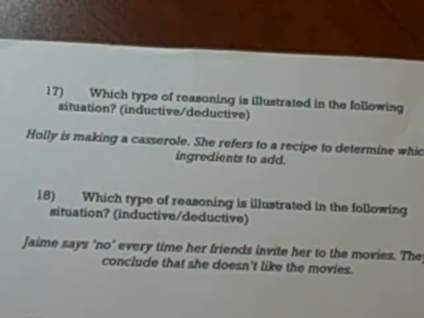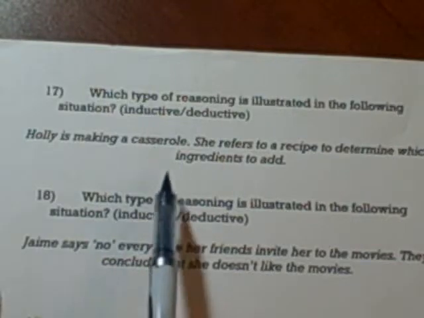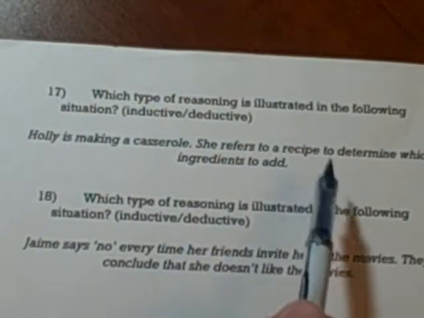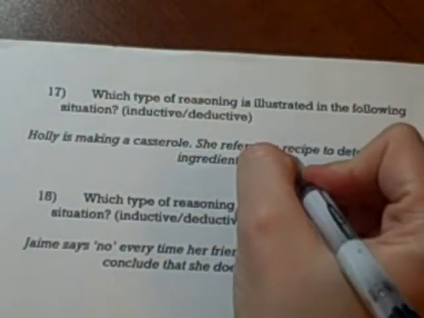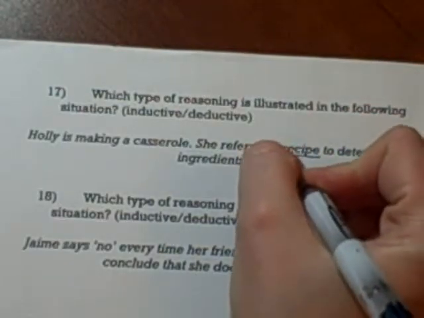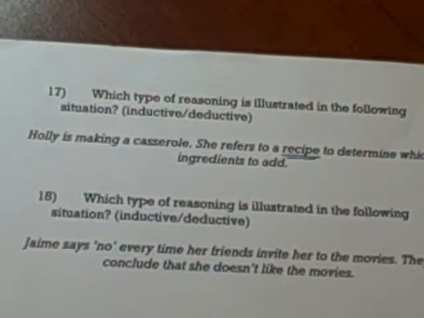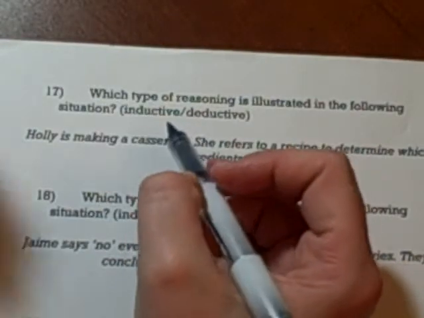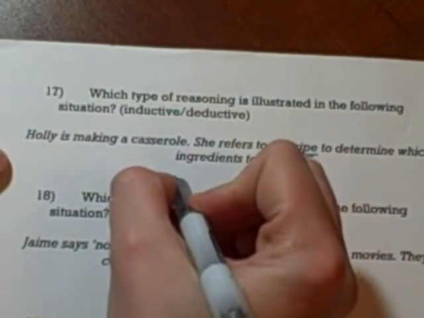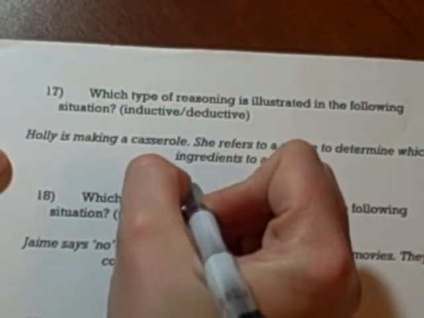Okay? So this first situation, Holly is making a casserole, and she refers to a recipe to determine which ingredients to add. I would sort of consider that recipe to be like a rule. Okay, it's giving you a list, it's giving you directions, it's telling you what to do. So if you are given factual information like that, this would be deductive reasoning.